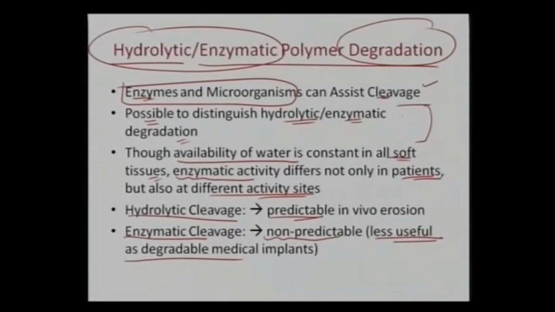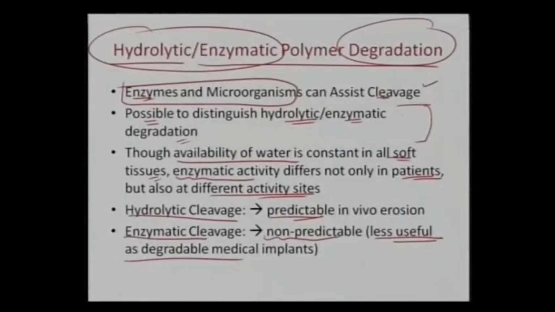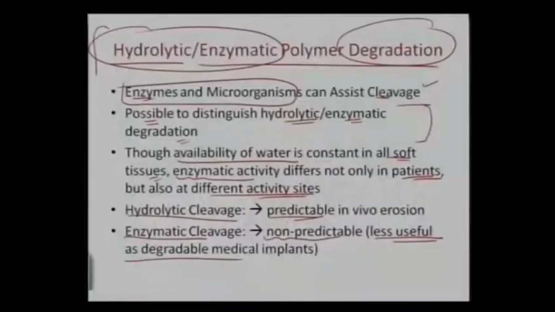If the material degrades in a predictable manner, it is because of hydrolytic degradation, whereas if it is unpredictable, it is because of enzymatic activity. That part we can easily emphasize.